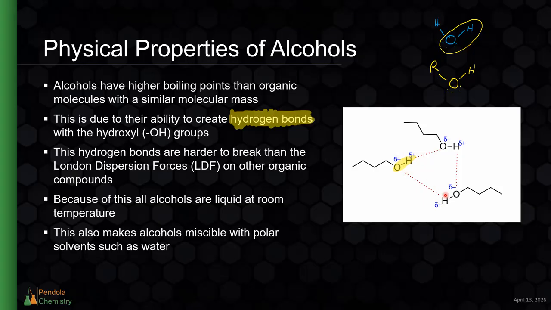Because of that strong hydrogen bonding, most alcohols are liquids at room temperature instead of being gases, due to the high boiling point created by the hydrogen bonding that the OH groups provide.